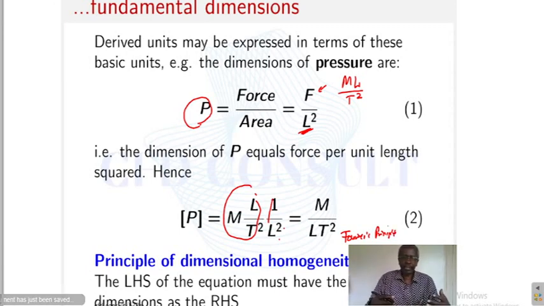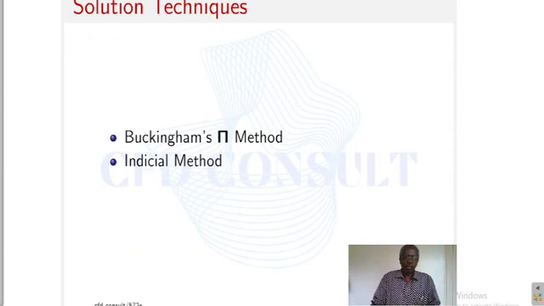And this just states for us that for an equation to be valid, the dimensions on the left-hand side of the equation should be similar to the dimensions on the right-hand side of the equation. We usually use 2 methods in trying to analyze the dimensions of a physical phenomenon. The first is Buckingham's pi method, and the second is what is called the Ingersoll method, or sometimes also called Rayleigh's method.